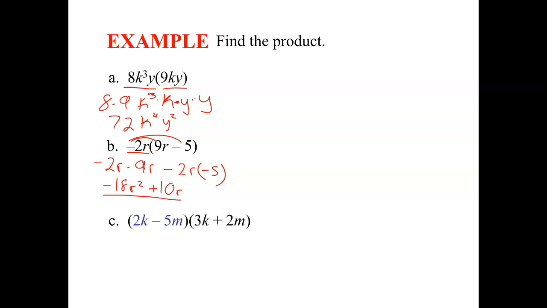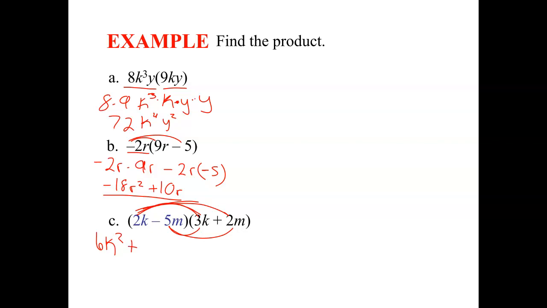So binomial times binomial. Every term in the first will be multiplied by every term in the second. Okay, so first times first, first times second, second times first, second times second. So I've got 2k times 3k gives me what? 6k squared. Good. 2k times 2m.